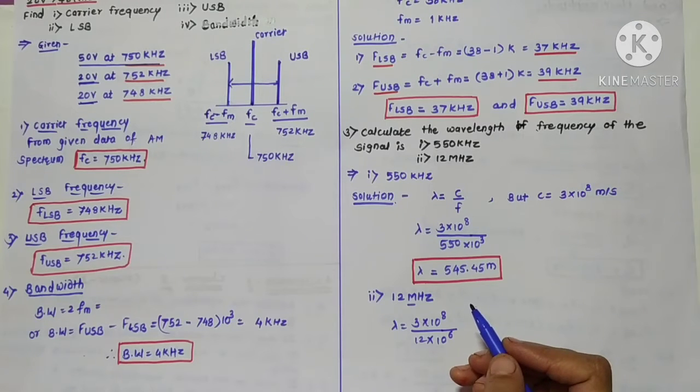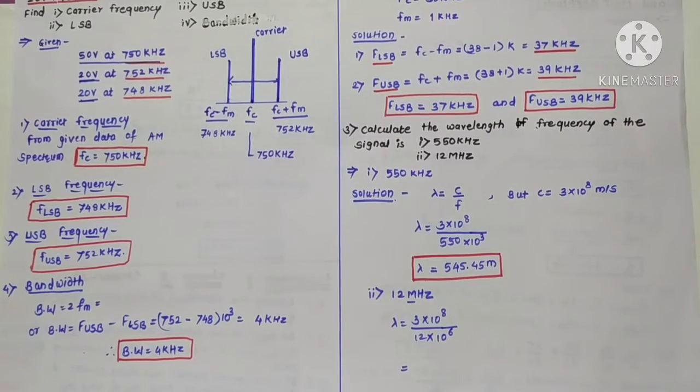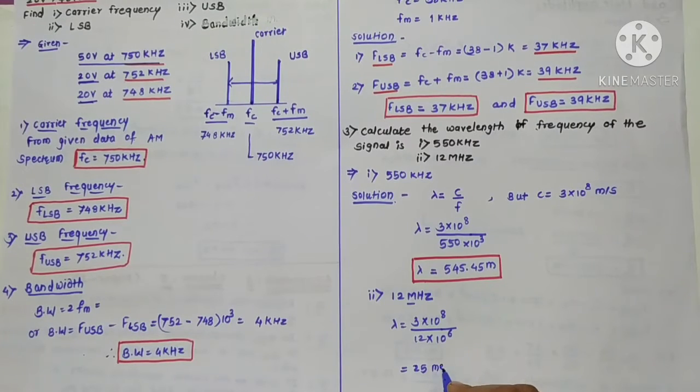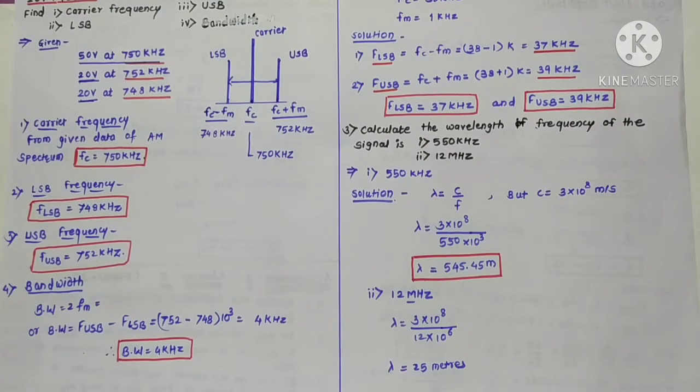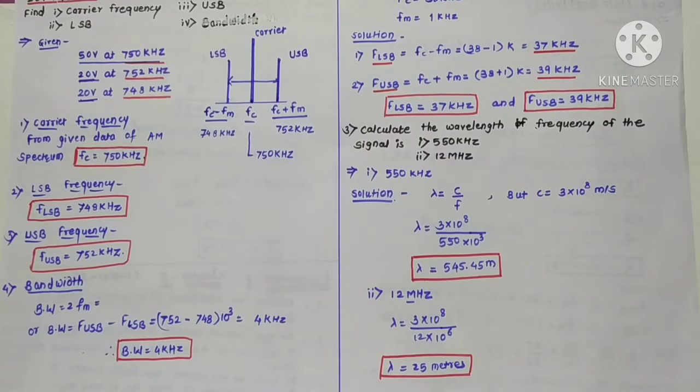Okay students, so finally the answer is 25 meters. So lambda for the frequency 12 megahertz is 25 meters. In this way you can solve different types of problems on amplitude modulation.